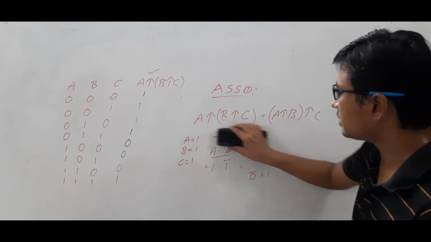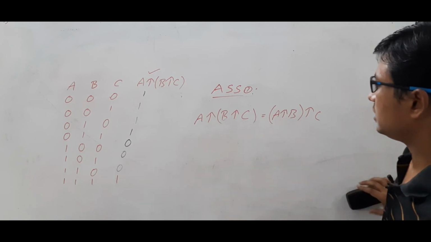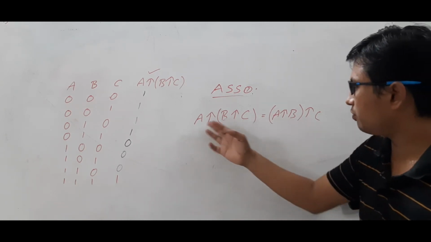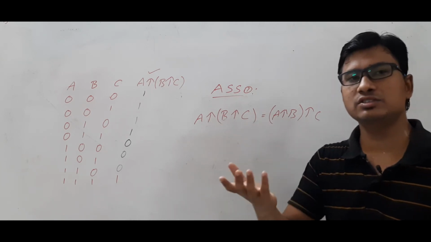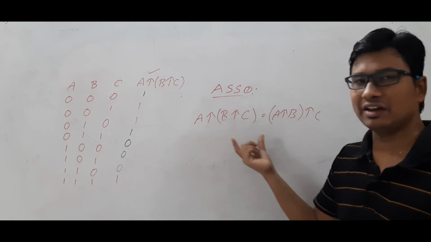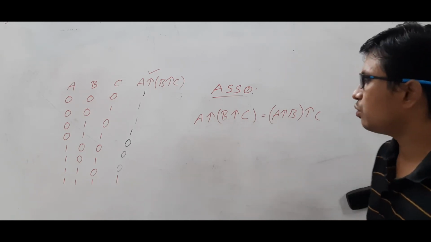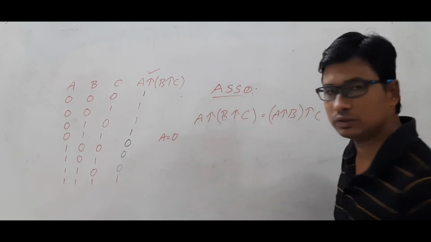So what is another way we can do it? The other way is to substitute any variable with a value, either 0 or 1, and reduce the equation on both the left hand side and the right hand side. So here I will keep the value of A equal to 0.